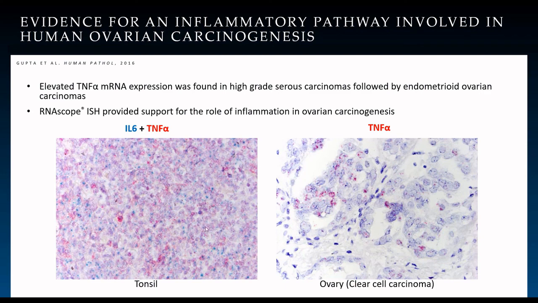So using both our duplex and singleplex assays, they were able to show that IL-6 and TNF-alpha were sometimes produced by the same set of cells, but were also independently produced by different cells of the ovarian cancer tumor.